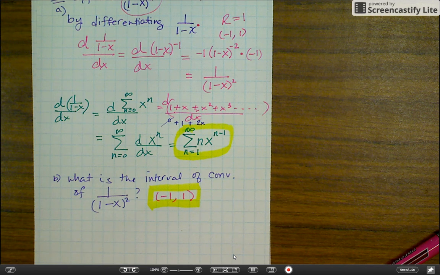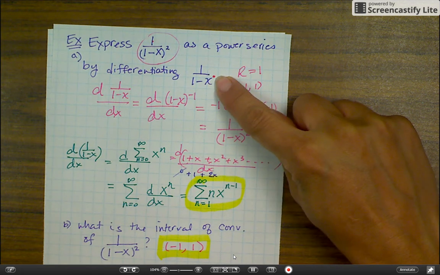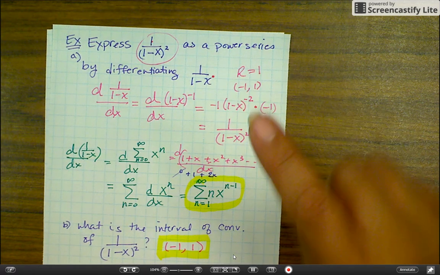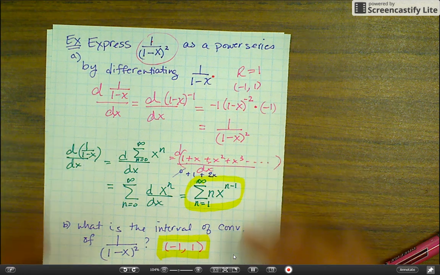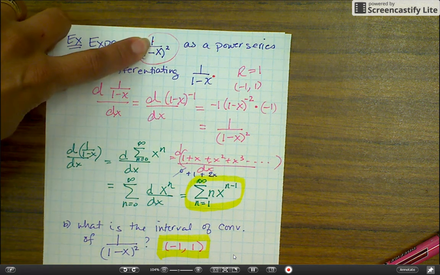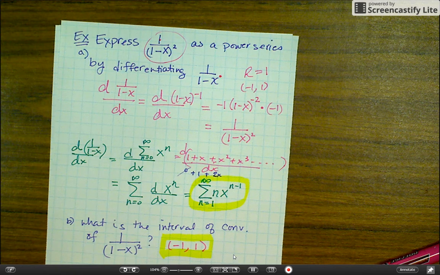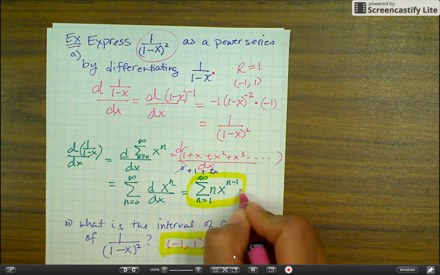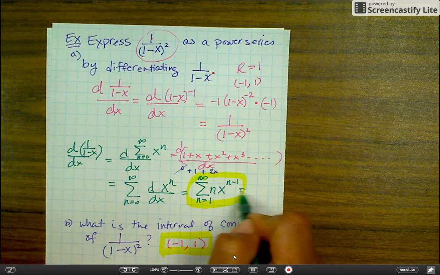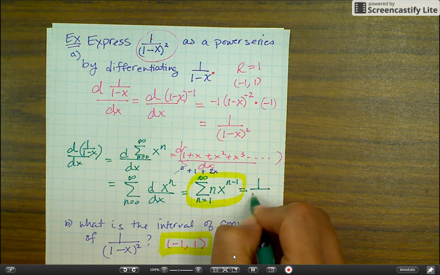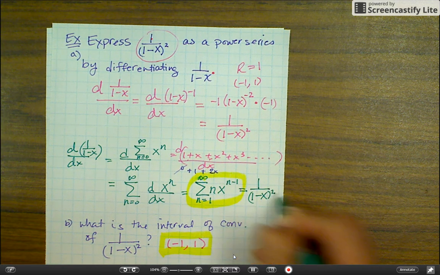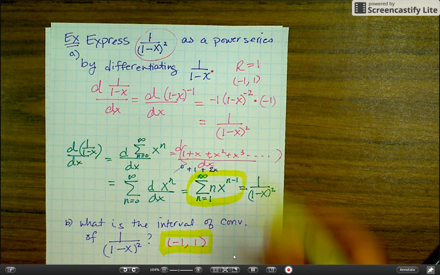So here we took the derivative of something that we know its power series. Okay? And so then we found this by doing a power series. Okay, actually, let me add this on. This is equivalent to 1 over 1 minus x being squared. That is what we were trying to find.